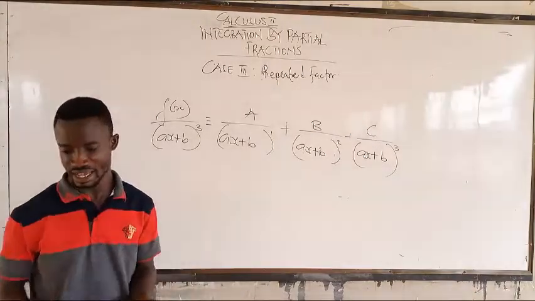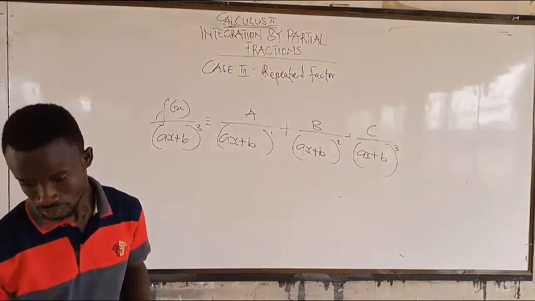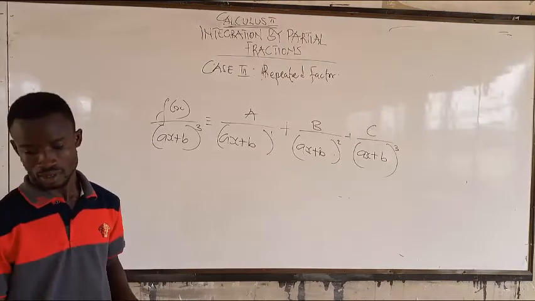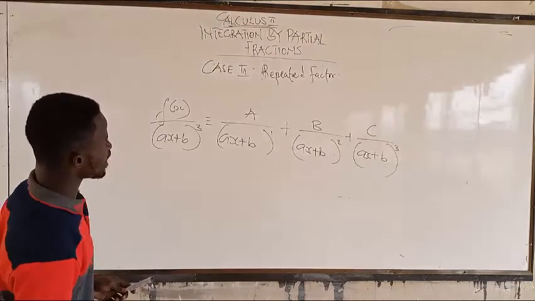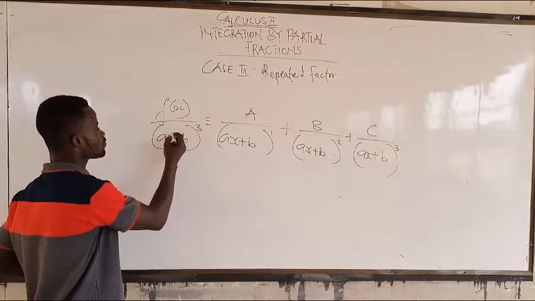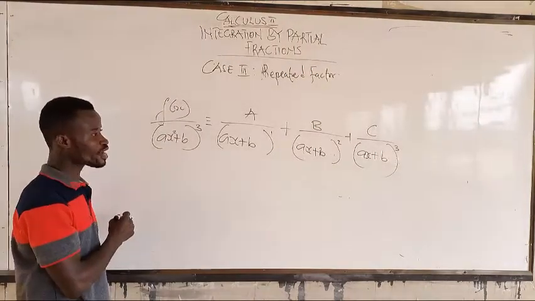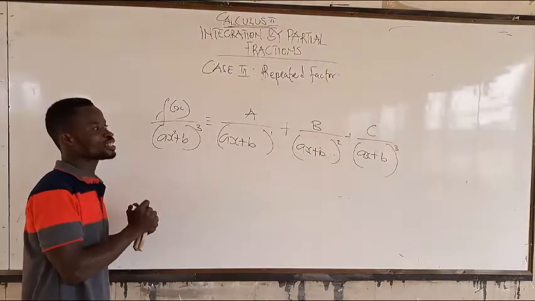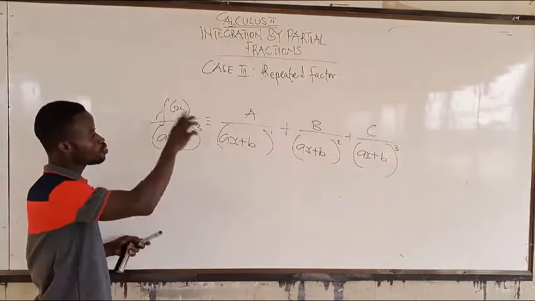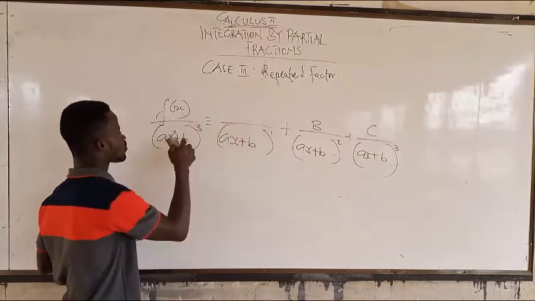But there can be a case that the inside here is going to be a quadratic. So if here is a square, it's a quadratic. The idea of the repeated factor is what is applied on the denominator. So the numerator will depend on what is inside.